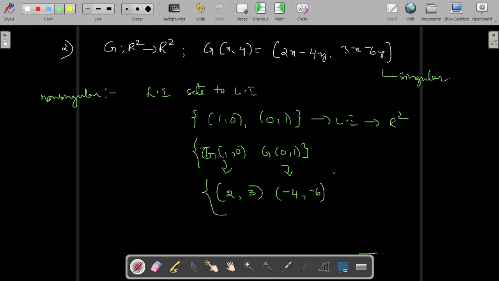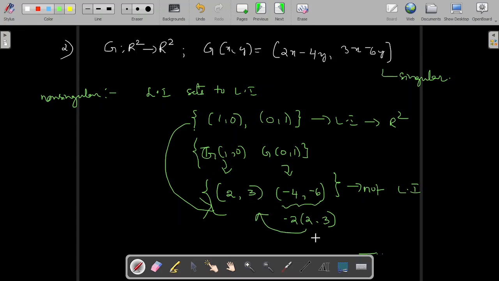Now you got a new set. After taking the transformation, this set goes to this set. Is it linearly independent? This is not linearly independent, because this vector is a multiple of this vector, minus 2 times (2, 3). If you have two vectors and one is a multiple of the other, then that set cannot be linearly independent.